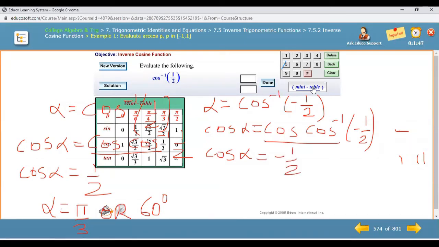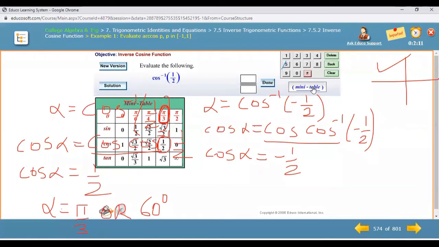Now, if cosine alpha is negative 1/2, please be very careful over here. We are calculating for a negative value, which means the angle is in the second quadrant. Now, how to take that angle in the second quadrant? Pi over 3 becomes a reference angle.